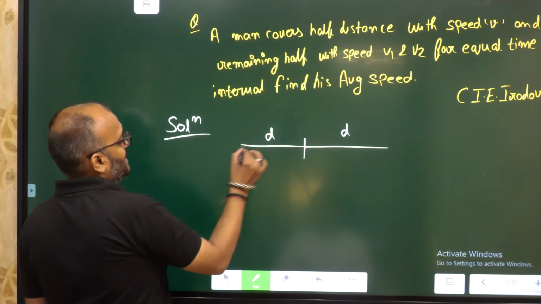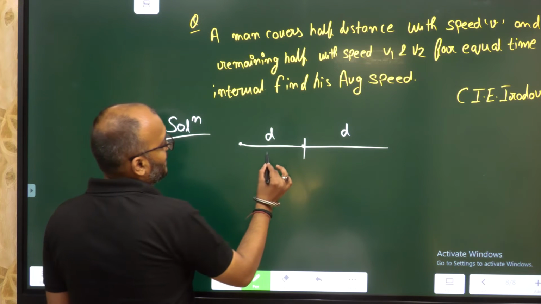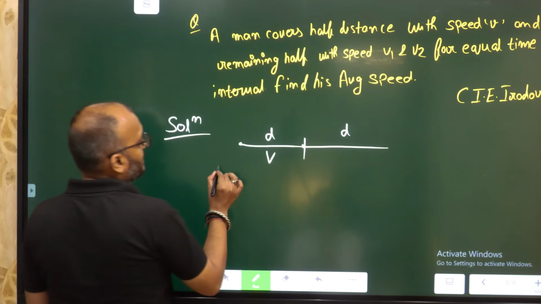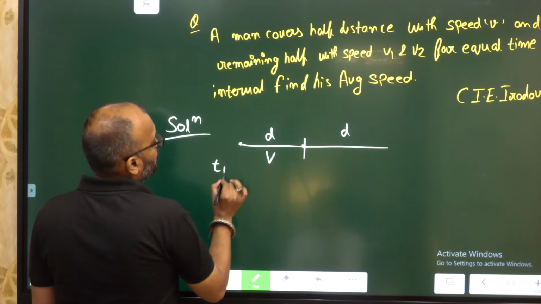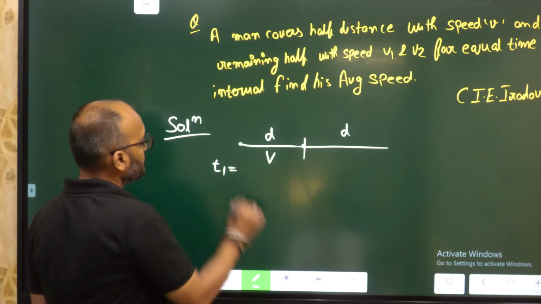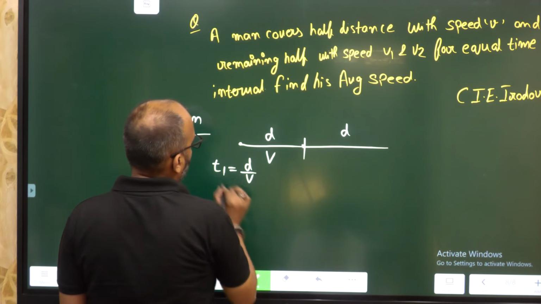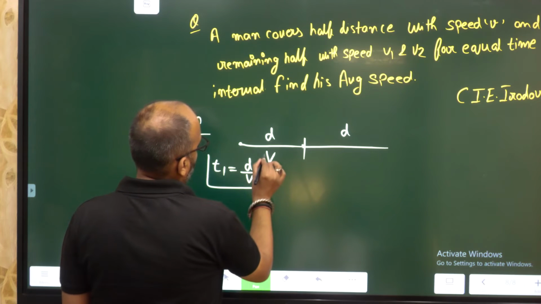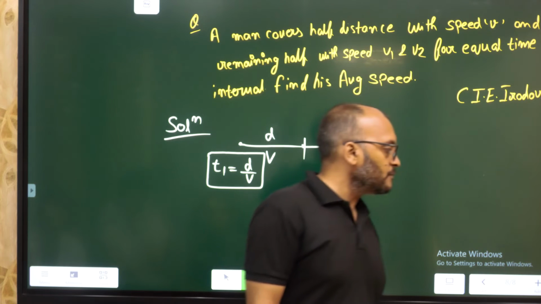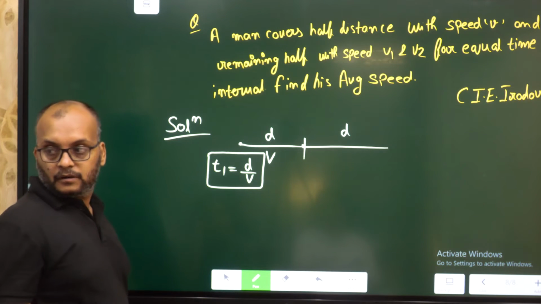For this half of the distance, covered with the speed v, let the time taken be t1. So t1 will be d upon v. Understood?